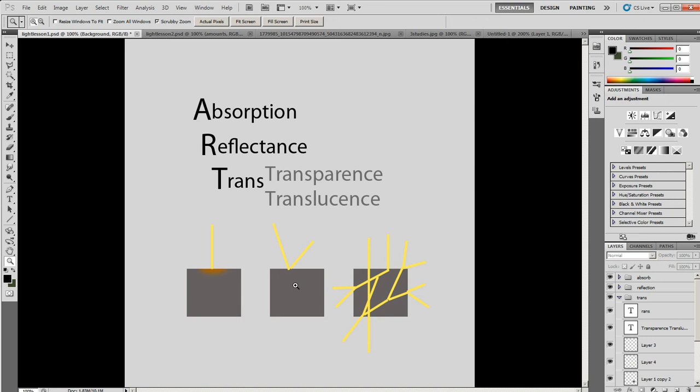So we're always looking to work out these different values anytime we look at a surface that we're trying to reproduce, which is what I want you guys to focus on in this particular set of exercises. So when you look at your reference, I want you to really break it down. I want you to look at the object and determine, is it absorbing light?